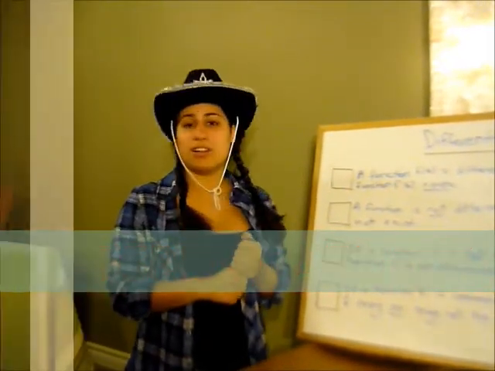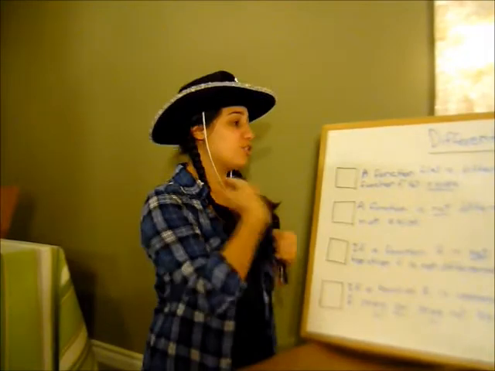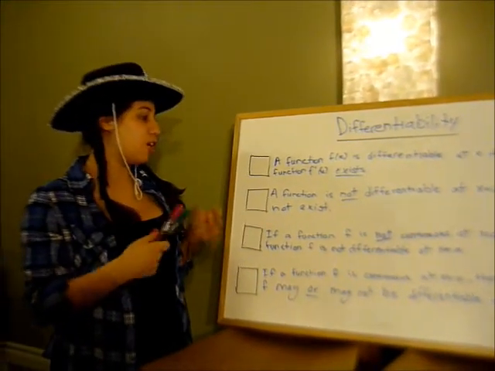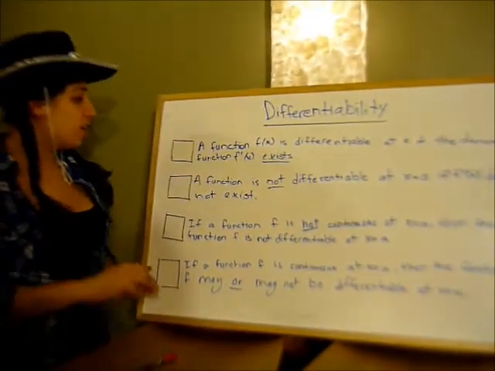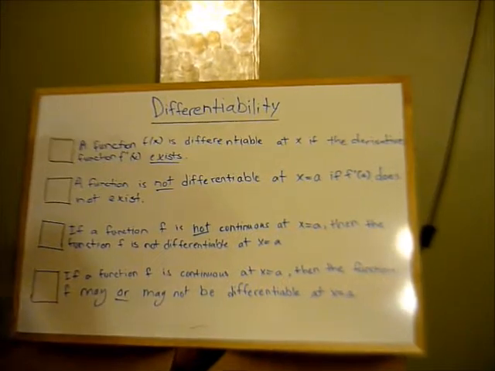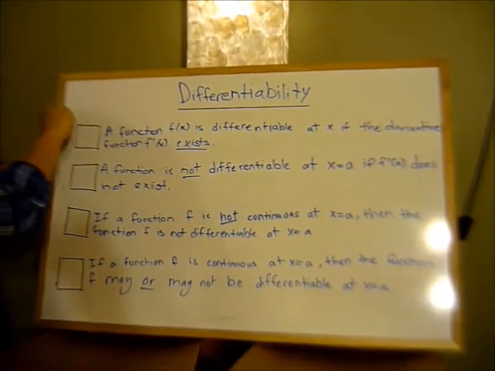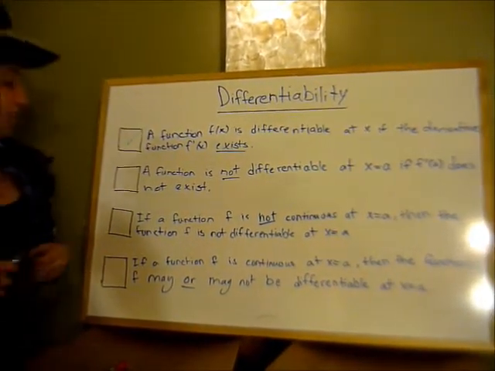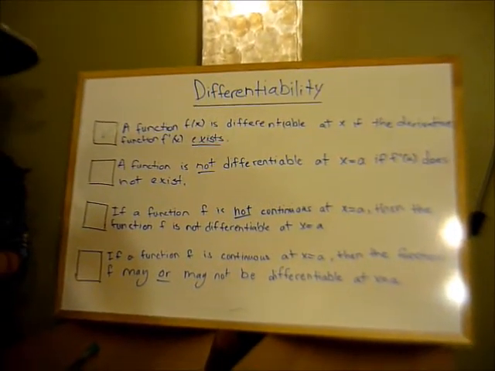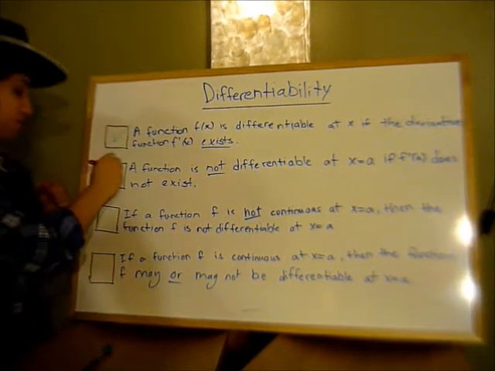I thought the best way to explain differentiability is to show you a couple of rules to see if something is differentiable or not. First, a function f(x) is differentiable at x if the derivative function f prime(x) exists. A function is not differentiable at x equals a if f prime(a) does not exist.